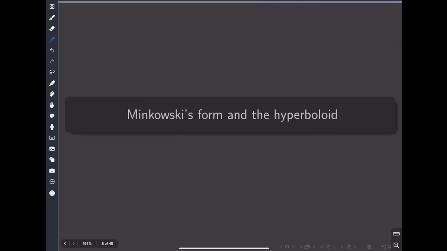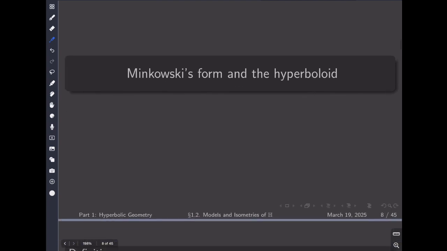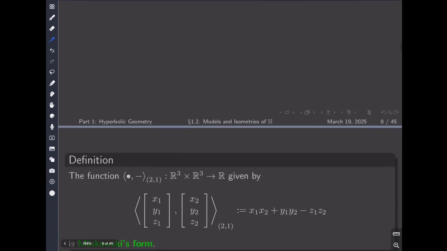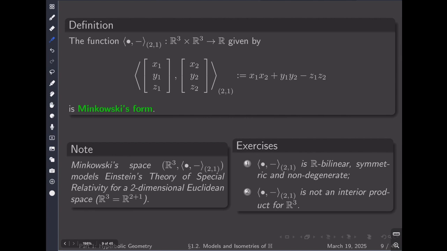Okay. So now let's properly begin with actual hyperbolic geometry. I could have skipped Minkowski's hyperboloid, but I haven't, because for me it's the one that presents the Riemannian metric in the most natural way.